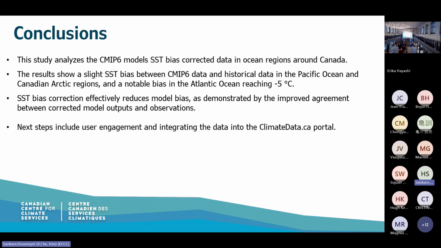The results show a slight SST bias between the model and the ocean historical data in the Pacific Ocean and the Canadian Arctic region, and a notable bias in the Atlantic Ocean, sometimes reaching -5 degrees C. But the bias correction effectively reduces the model bias, as demonstrated by the improved agreement between the corrected model output and the ocean observations.